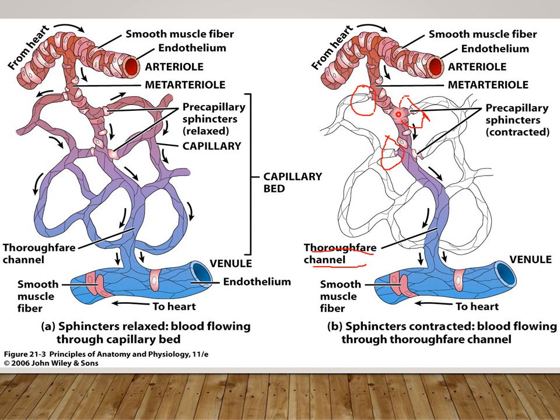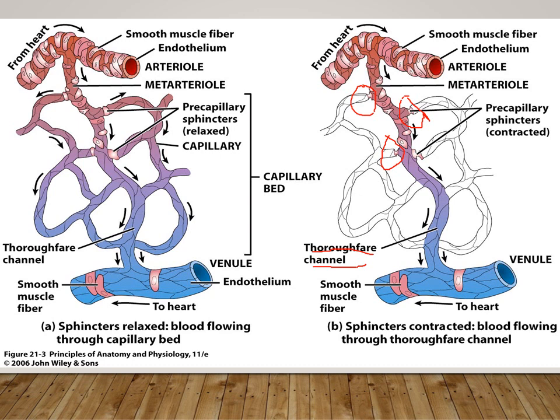When these precapillary sphincters are constricted, blood cannot flow into the capillary bed, but it flows directly into another channel, which is the thoroughfare channel. This is the anastomotic channel between the arterioles and the venules. From the arterial to the venous end, this is a direct anastomotic channel which bypasses the blood directly into the venous circulation, and it does not enter the capillary bed.